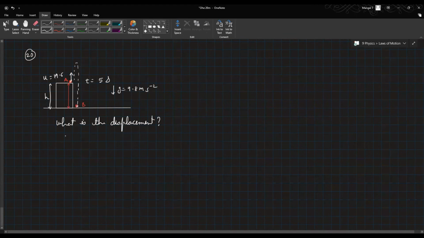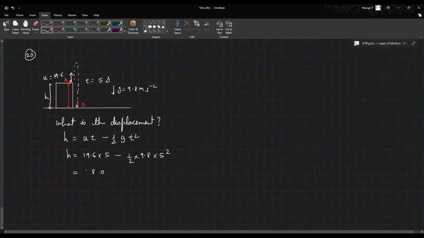So the formula that we will be using is h is equal to ut minus half gt squared. So h is equal to 19.6 multiplied by 5 minus half into 9.8 into 5 squared.